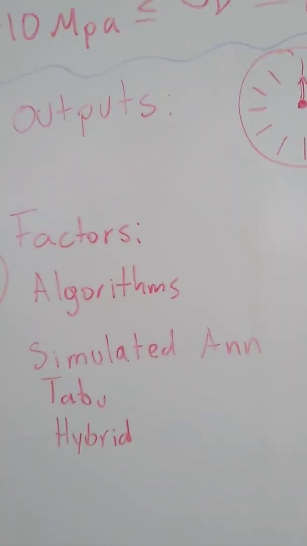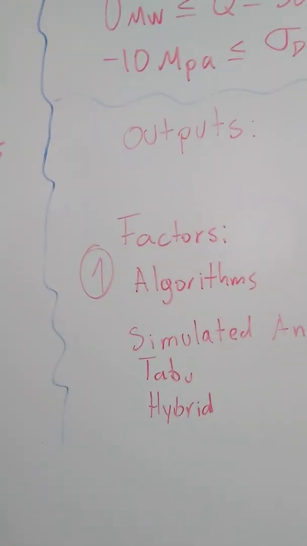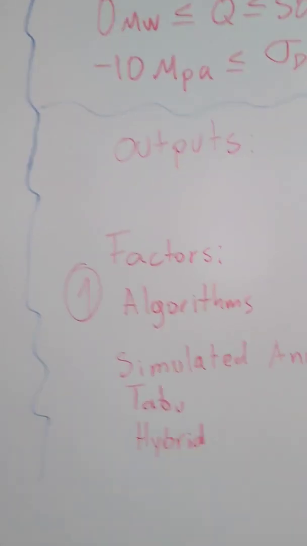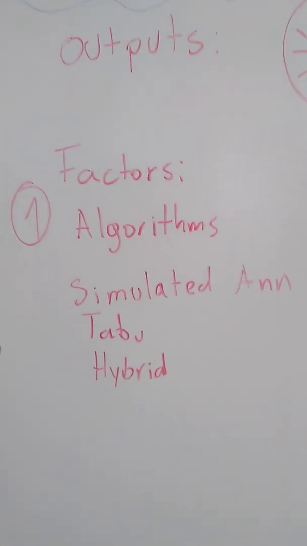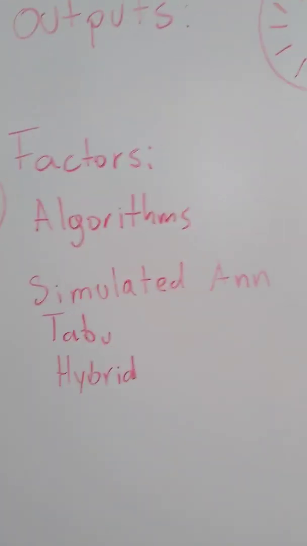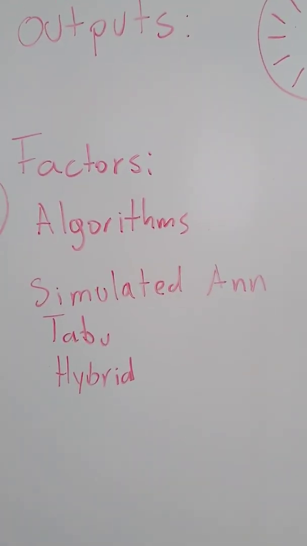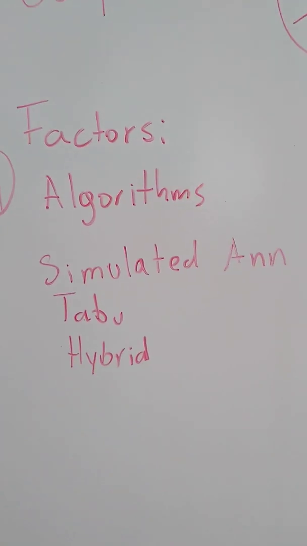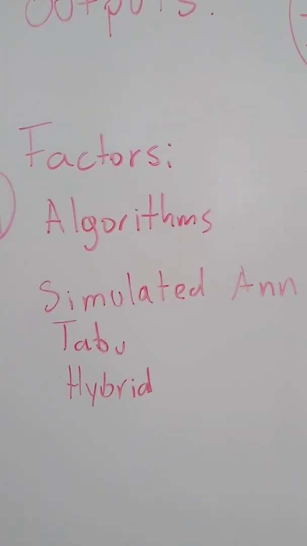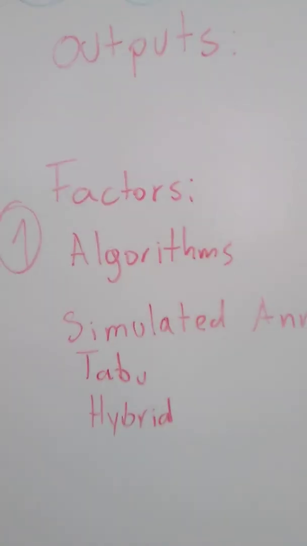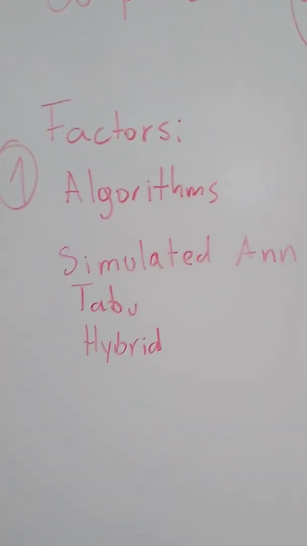There are two factors that we can change in order to reach our goal. The first factor are the algorithms we can use. We will make these experiments with the simulated annealing algorithm, taboo search algorithm, and a hybrid algorithm that I developed with elements of the simulated annealing and the taboo search.